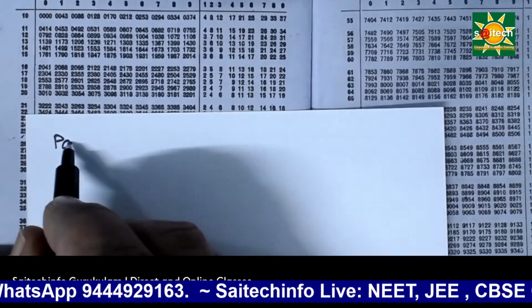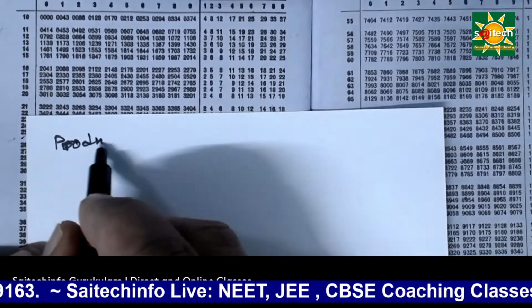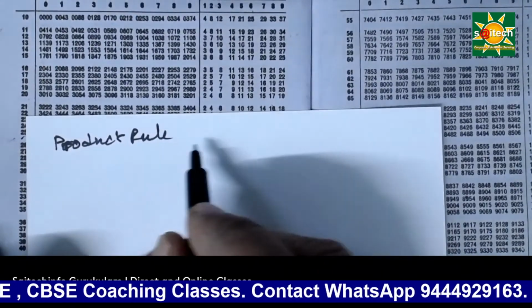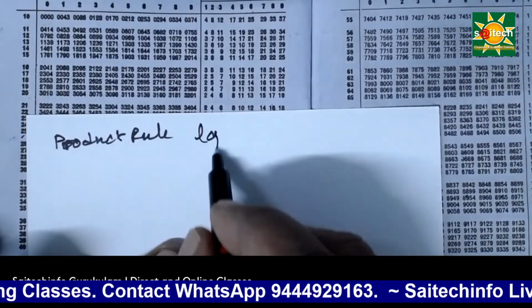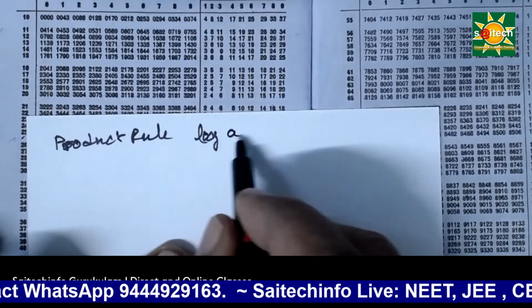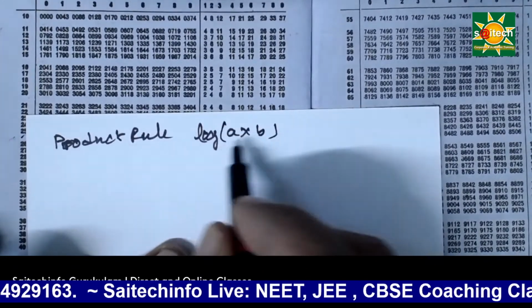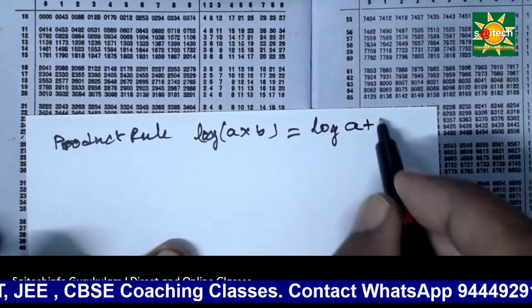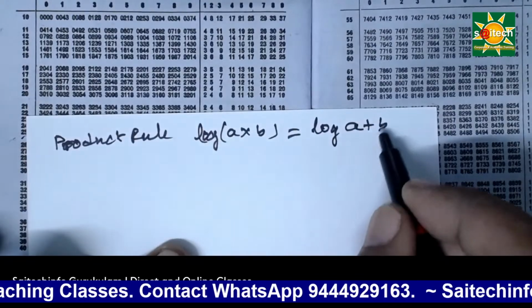Take down: product rule is log of a into b is equal to log a plus log b.